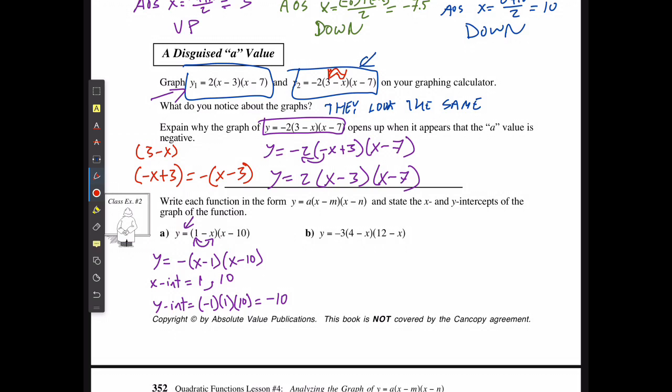For example B, I can see that I need to change the order here, which means that I'm going to change the sign for a and make it positive. X minus 4, and then I have 12 minus x. But I can see that I'm also going to need to change the order for the second set, which is going to change the sign for a again and make it negative again.